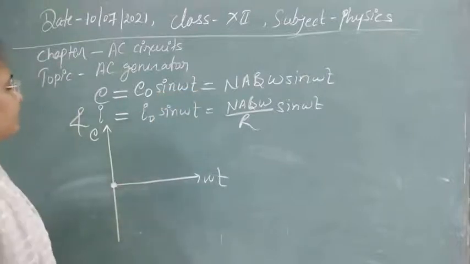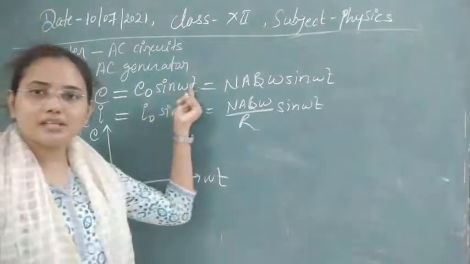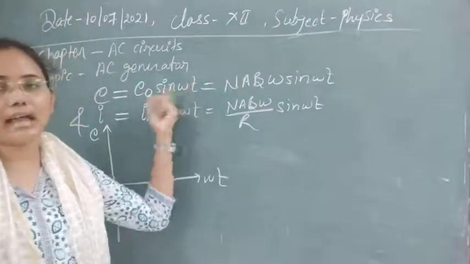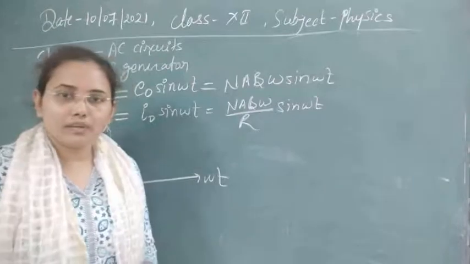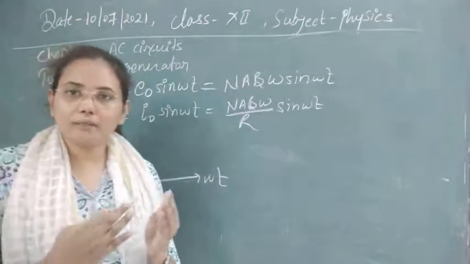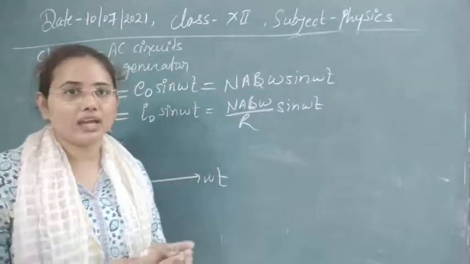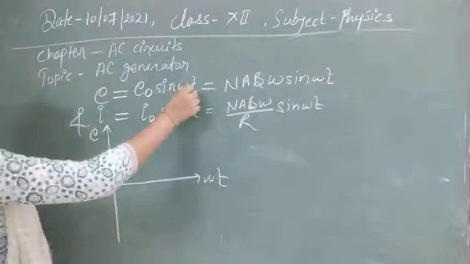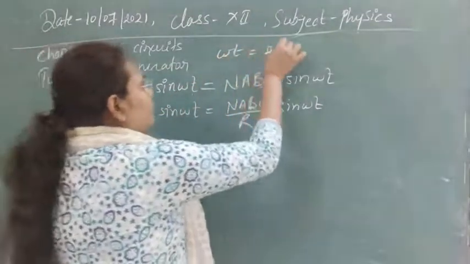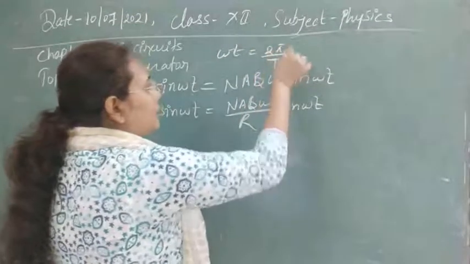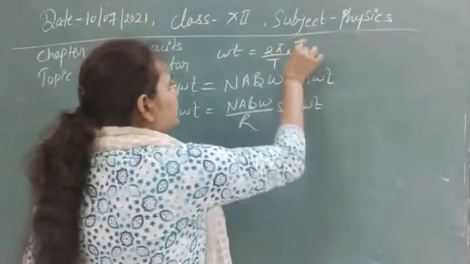Next, when the rotation starts to begin, suppose the time reaches T by 4 seconds. T by 4 means one quarter of one complete cycle time. For T by 4 time, let's see what the value of omega t is. Omega is written as 2 pi by T, and in place of T we put T by 4.